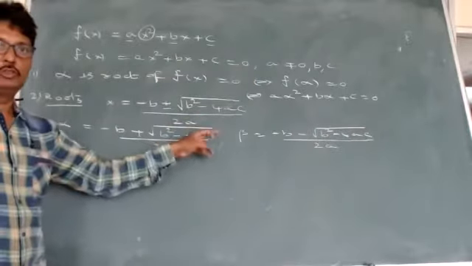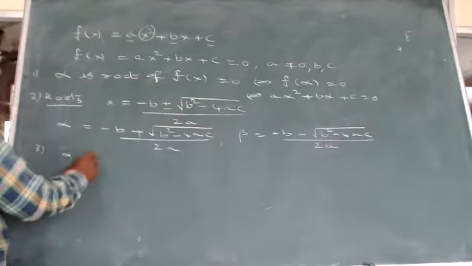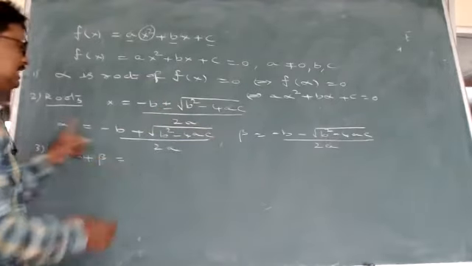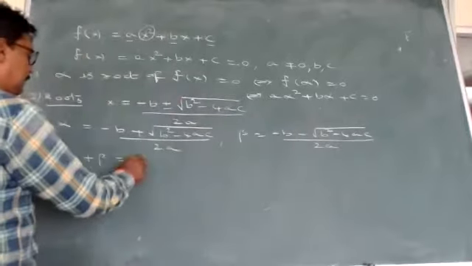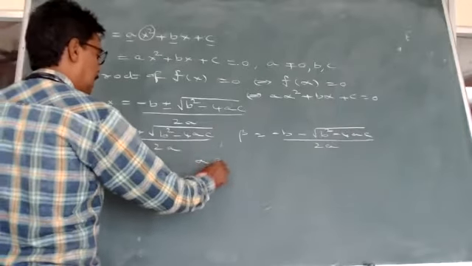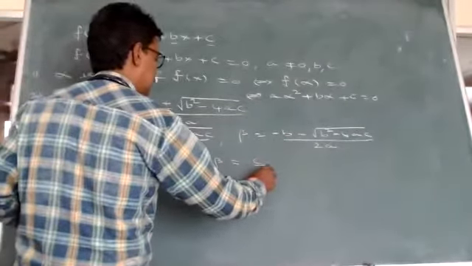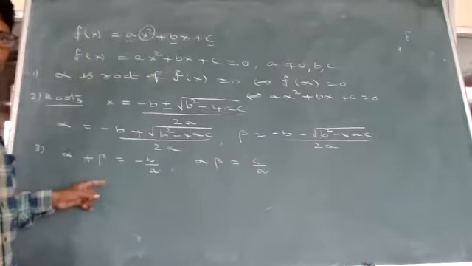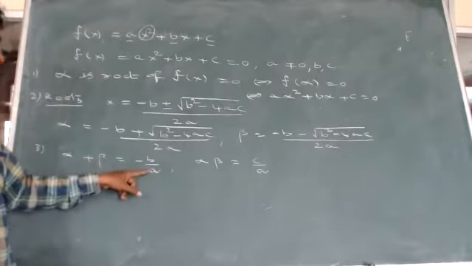Alpha, beta are the roots. Now we can write the sum of the roots alpha plus beta: just by adding, these two terms will cancel. The final value is minus b by a, and multiplying we get the value c by a. So sum of the roots is always minus b by a.